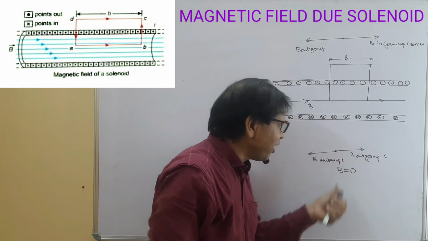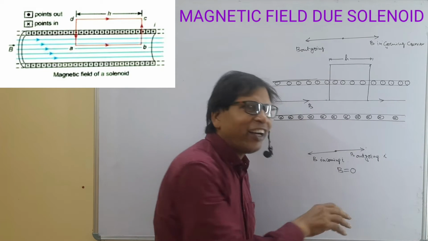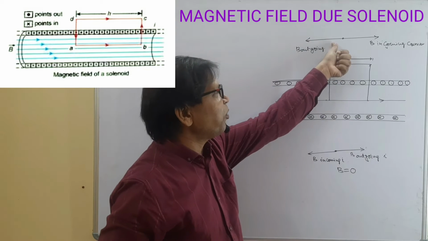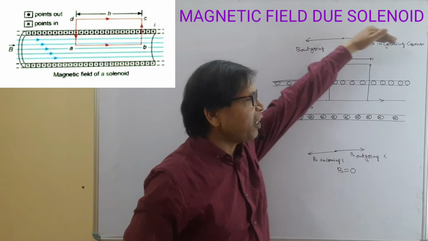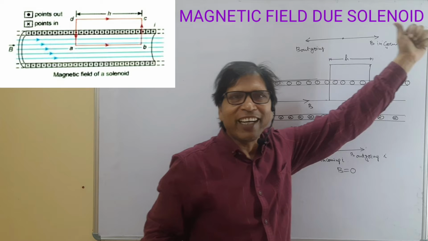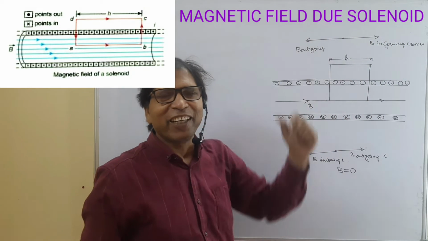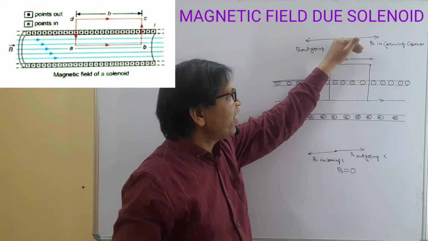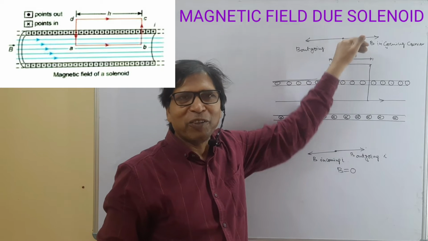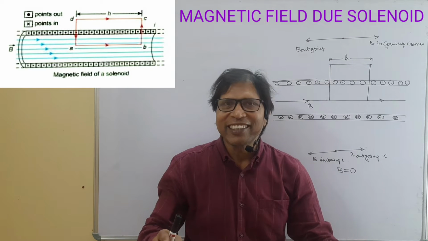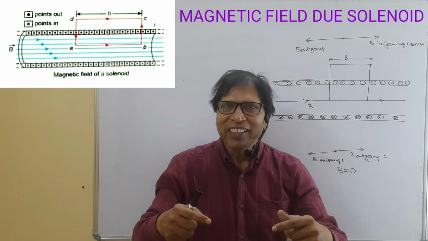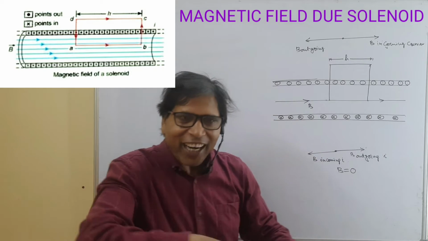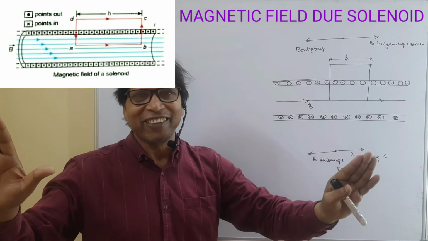So the magnetic field outside this solenoid is 0. In the same way, here the magnetic field due to the incoming current is in this direction and due to the outgoing current in this direction. So the magnetic field at this point is 0. From this discussion we can conclude the magnetic field outside the solenoid is 0.